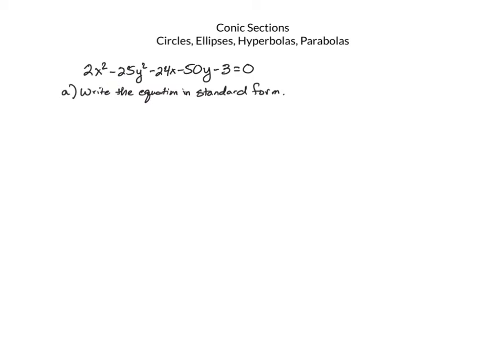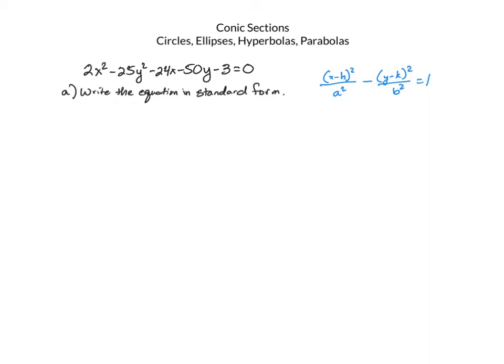So I know I'm going to make it look something like this: (x - h)^2/a^2 - (y - k)^2/b^2 = 1. Or the (x - h)^2 and the (y - k)^2 could be switched around. I don't know, but it will be revealed as we start completing the square.